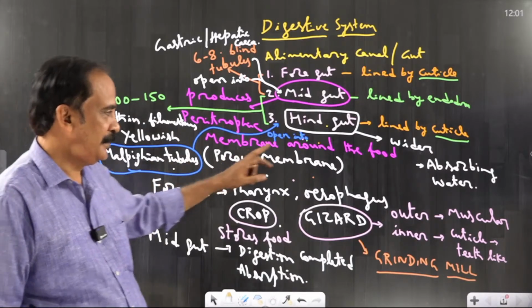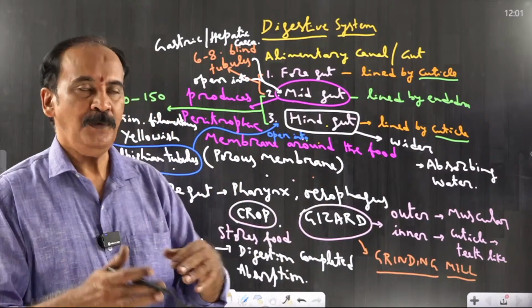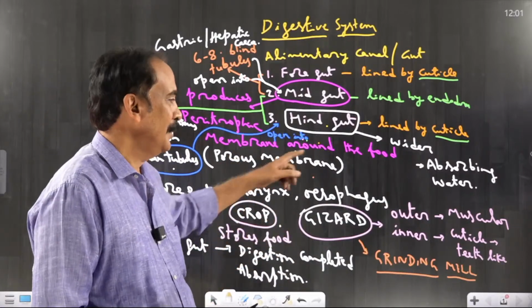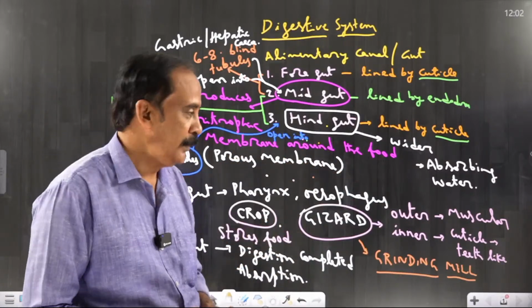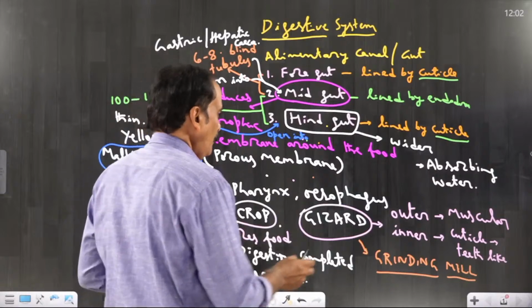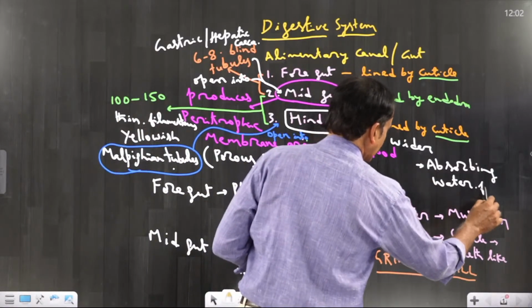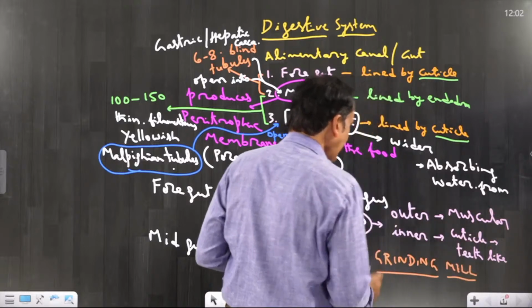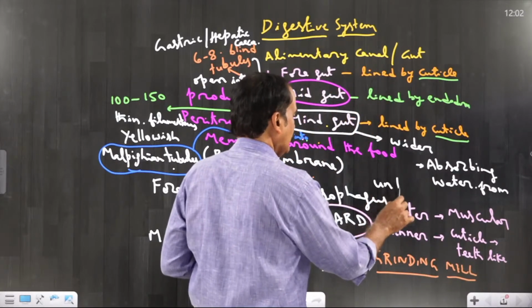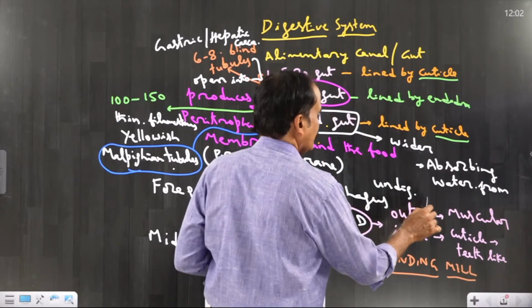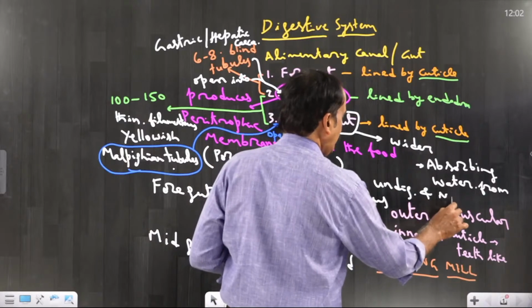So, even the waste that is coming through the Malpighian tubules enters into ileum, and it will be reaching the colon and rectum, where it will be absorbing the water from both kinds of waste. You need to remember, undigested waste and nitrogenous waste.